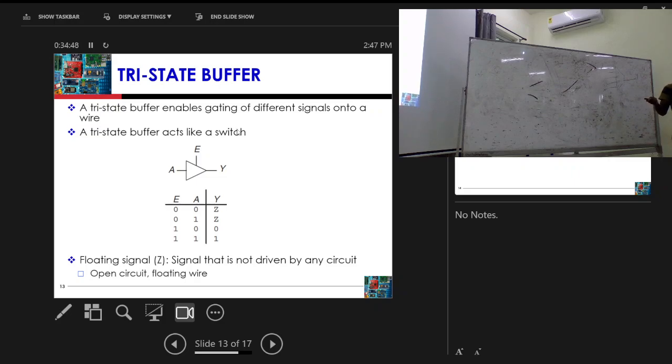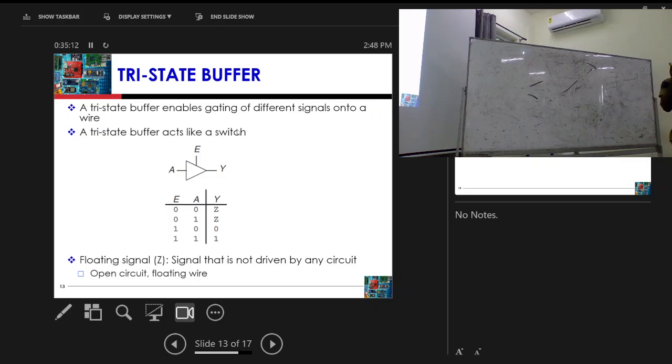So when E is 0, the output is Z. Z is known as floating or high impedance. Now when E is 1, that's when you allow your signal to pass through from the input to the output. So when E is 1 and A is 0, the output is 0. When A is 1, the output is 1. Very, very important component in a digital system.